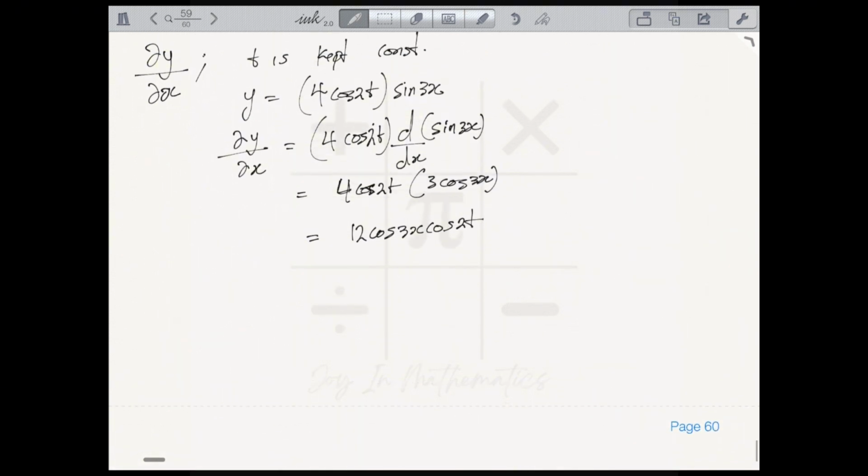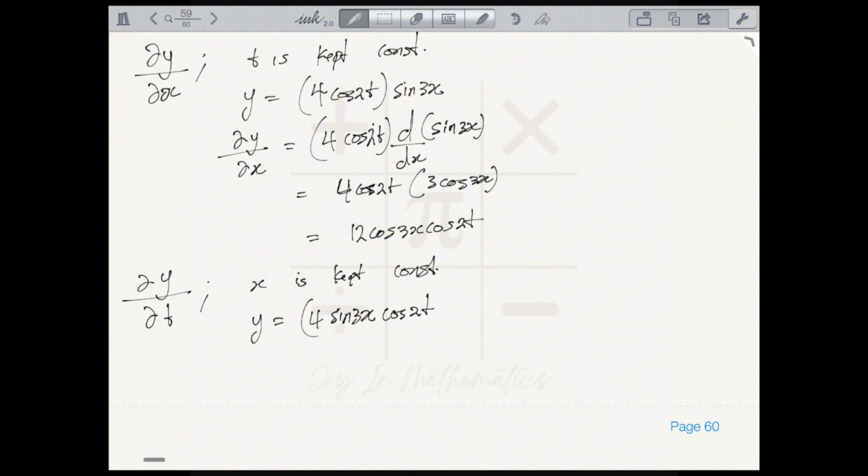Now let's take again the partial derivative of y with respect to t. And in this case, our x is kept constant. Now, the given question is y equal to 4 sine 3x cos 2t. Therefore, 4 sine 3x is the constant.